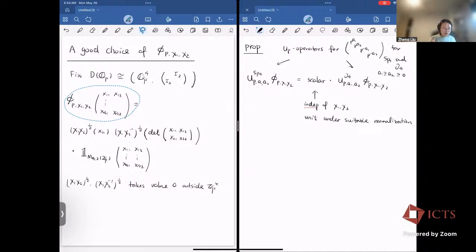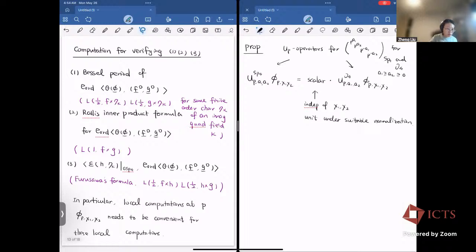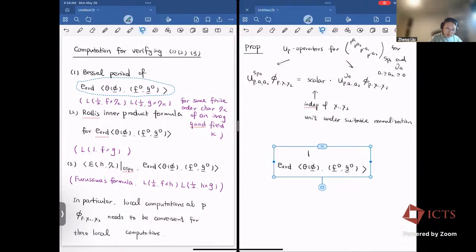Okay, so this is a good property in the sense that once we have this UP equivalence, if we look at the family we constructed before, then in particular with this choice, we don't need to apply this ordinary projection.